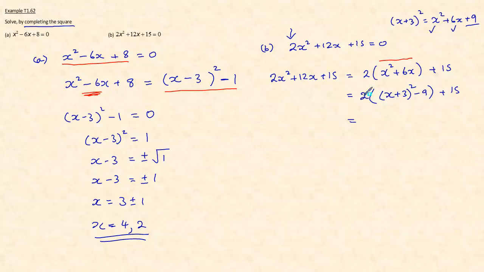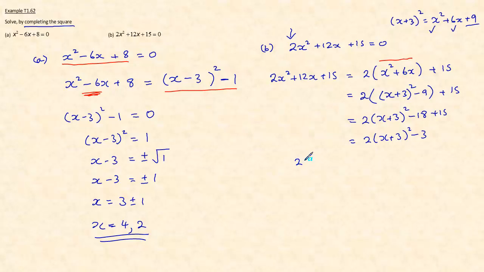Now expand out the bracket, so we get twice x plus 3 all squared, take away 18, add 15, so that's twice x plus 3 all squared, take away 3.